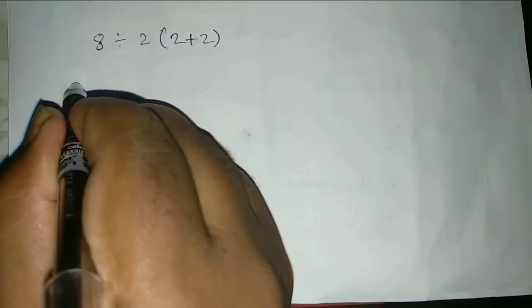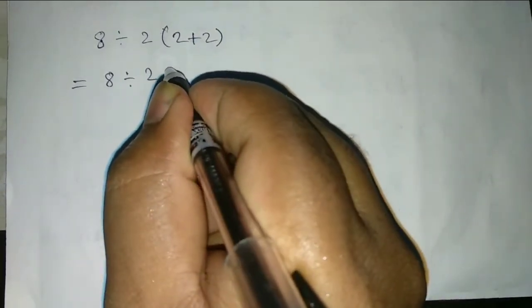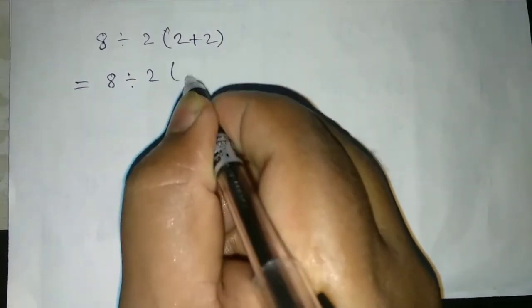The second question is 8 divided by 2 into 2 plus 2. To solve this, first we solve anything that is inside the bracket. So 2 plus 2 becomes 4.